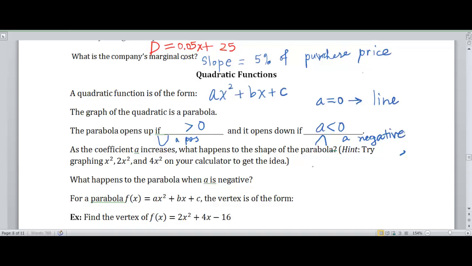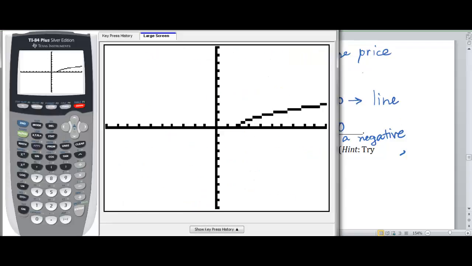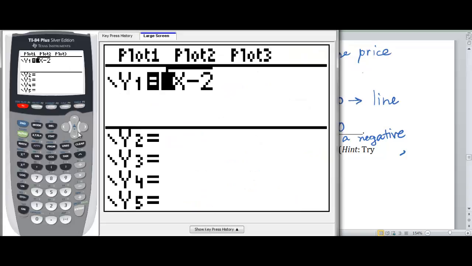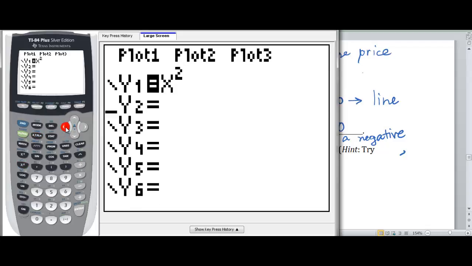So as the coefficient a increases, what happens to the shape of the parabola? Let's try graphing x squared, 2x squared, 4x squared on your calculator. So let me pull up my calculator, y equals x squared, and you can change the type of line you get here.